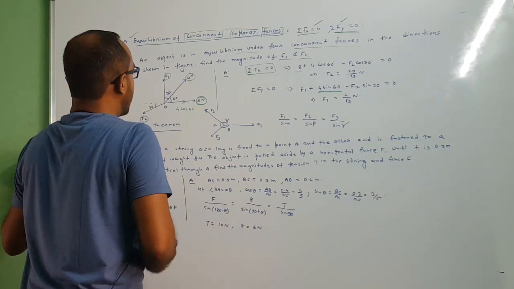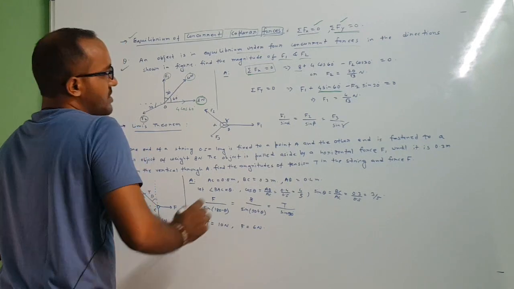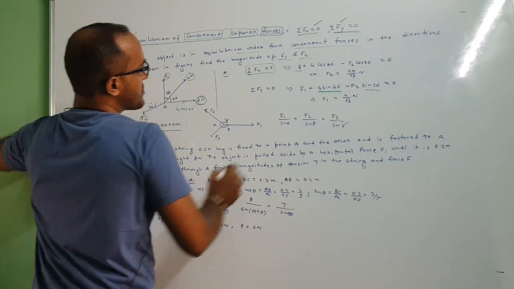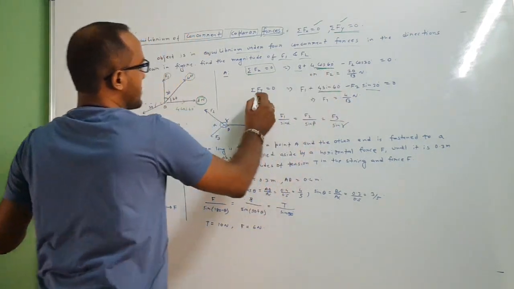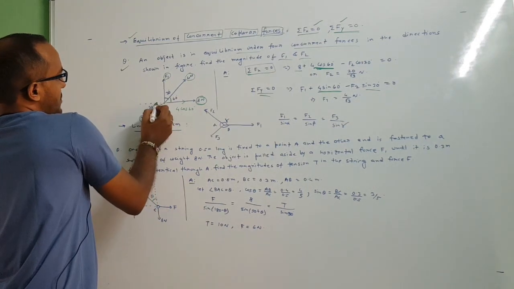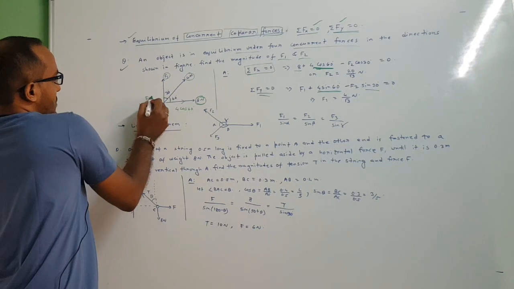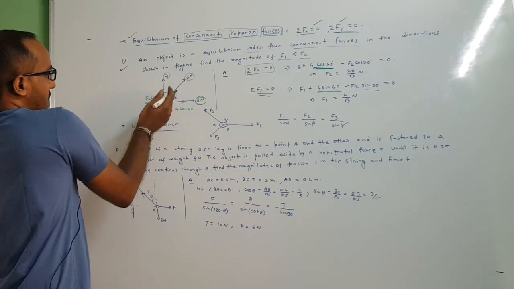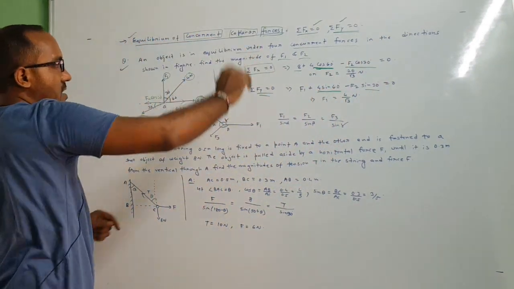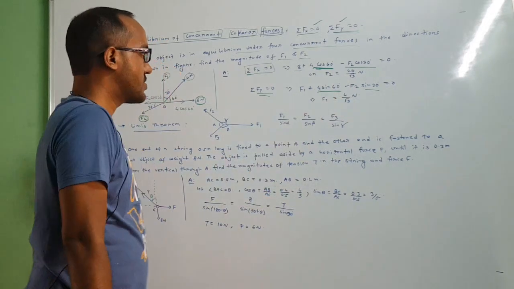For F2 it would be in the negative x-axis, so it is minus F2 cos 30 degrees, and the sum should be equal to 0. Now solve, you will get F2 equals 20 by root 3 Newton.